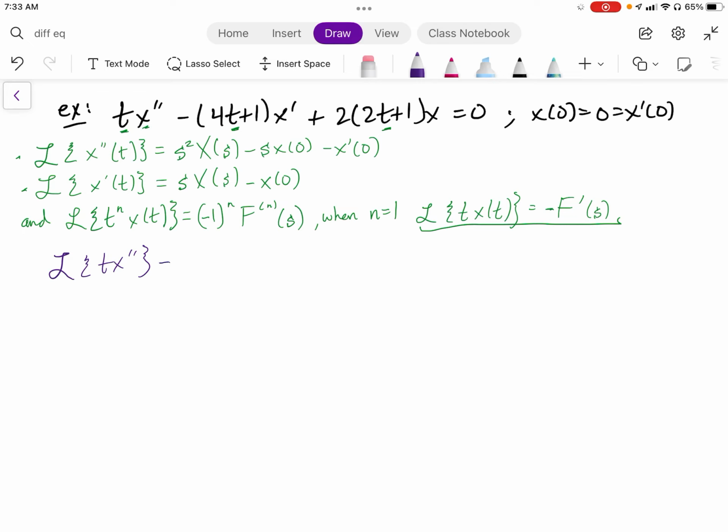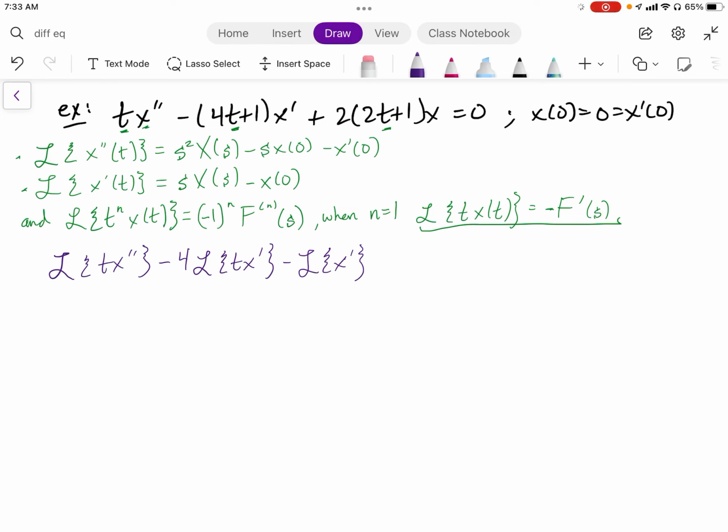remember with Laplace, the linearity, right? That's where we could separate the plus and minus of each term, and we can remove any constant coefficients. So I'm going to go ahead and do that now. Minus 4 times the Laplace of tx prime. And then we have minus x prime, so minus the Laplace of x prime.